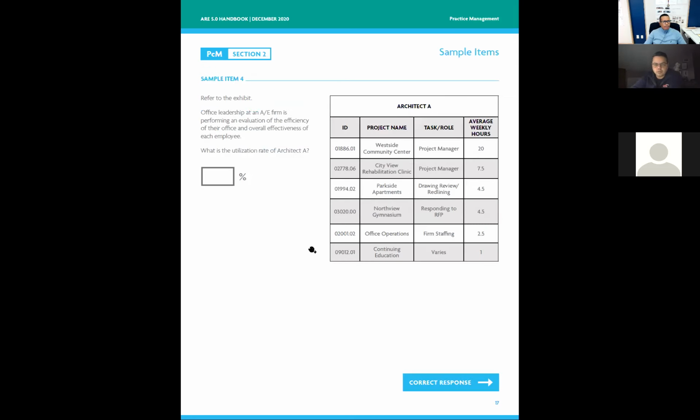And these are some samples of those. This one is related to what is the utilization ratio of an architect, and what is a utilization ratio. I can explain it right now, I can explain it later, but it's a factor related to how many hours a person works that are billed to a project, and how many hours that person works that are just not billed to a project.